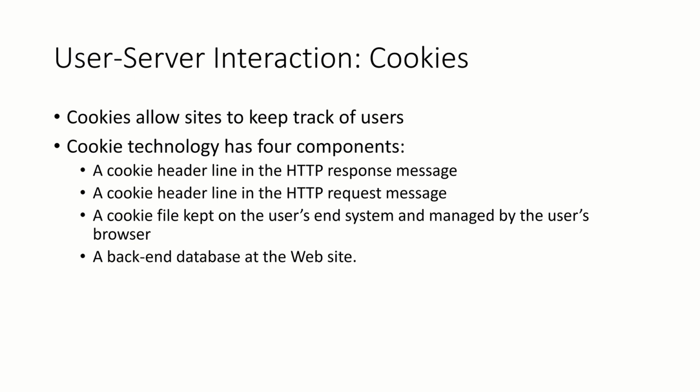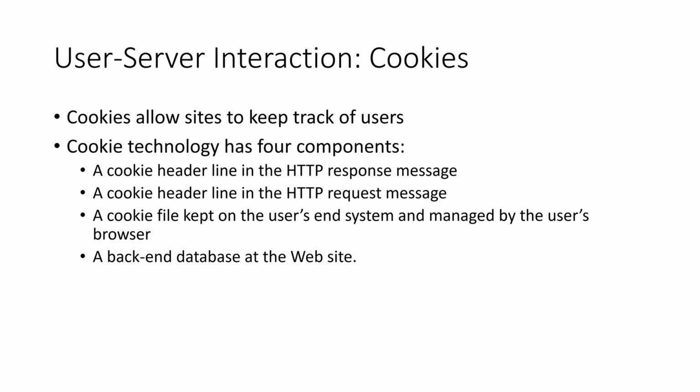So now I'm going to introduce the concept of cookies. Cookies allow sites to keep track of users. Most commercial websites use cookies today. As shown in the figure, cookie technology has four components.